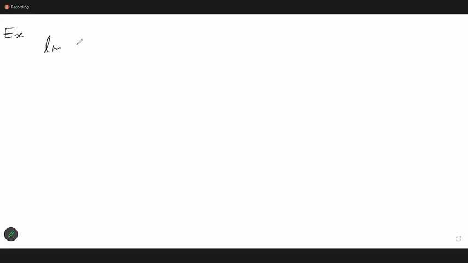Limit of, we have a cos function, inside the cos we have this one. We have to find the limit of this cos function when x approaches 1. This is the question, right?